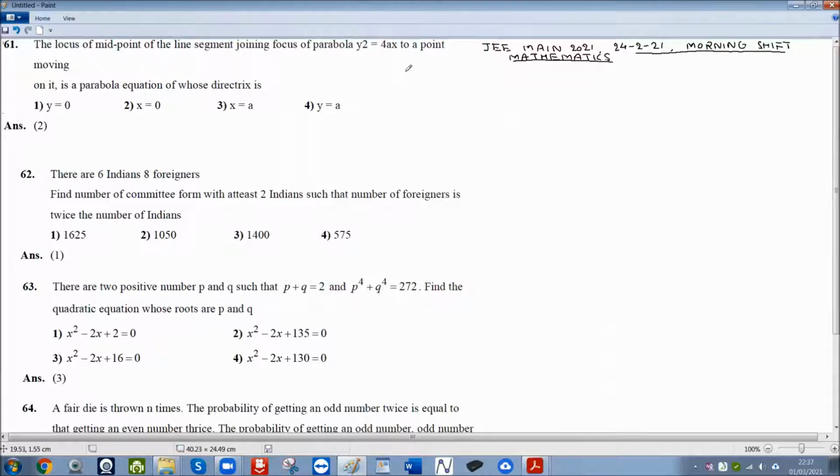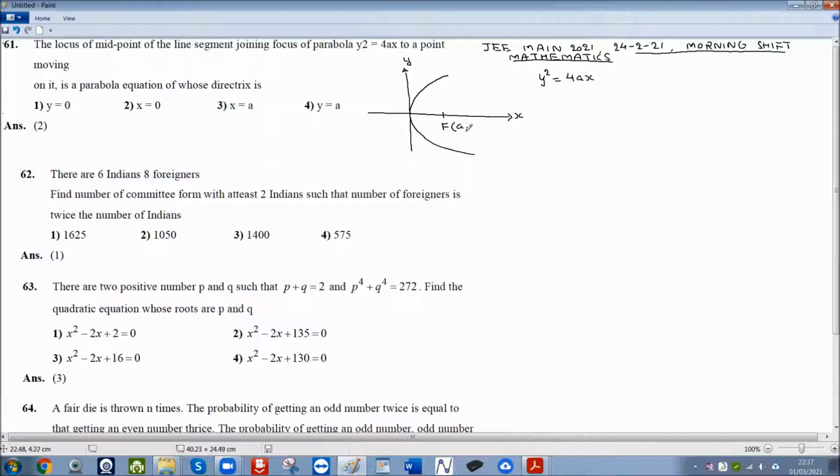Let us draw a diagram. Now we know that the parabola y square is equal to 4ax has its axis along the x-axis and vertex at the origin.